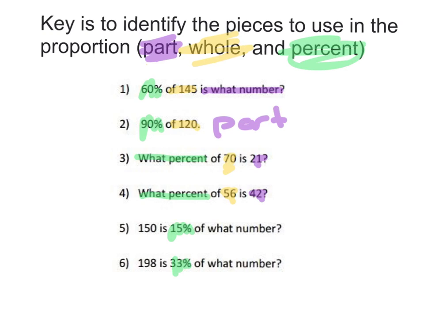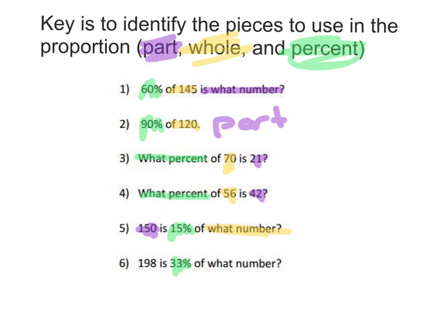And if we think about what we said in our proportion, we had part over whole equals percent over 100. So that part equals percent, whole equals 100. So we have our part right here, and we're looking for our whole number.